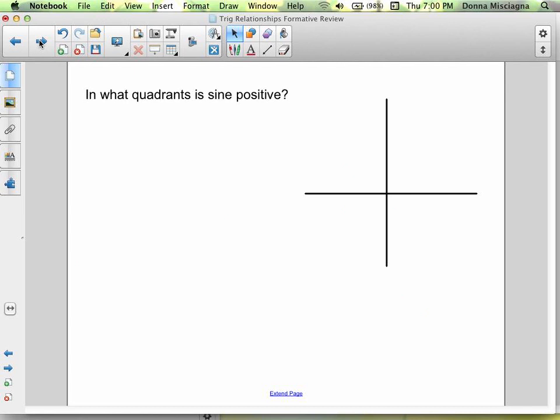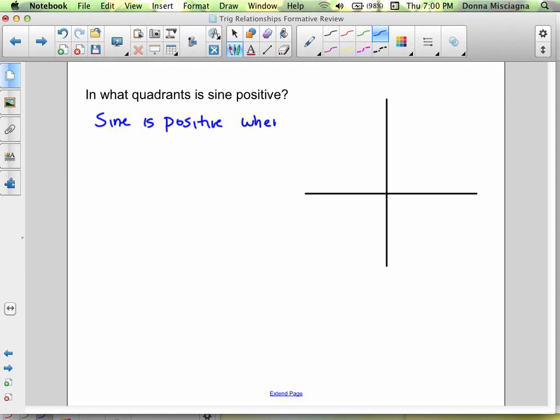In what quadrant is sine positive? All right, so this is kind of related to the question we just did. Remember, sine is positive wherever the y value is positive. So that means that sine is going to be positive here, where both x and y are positive, and that's quadrant 1.